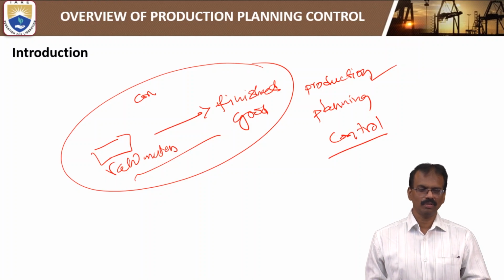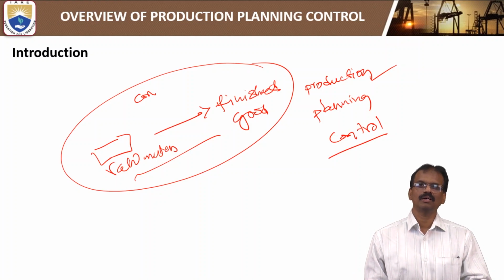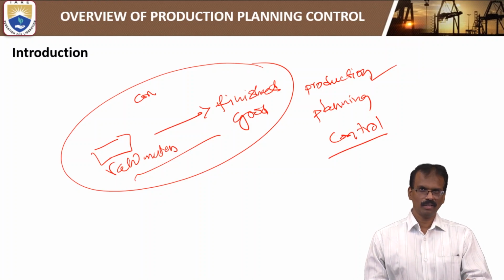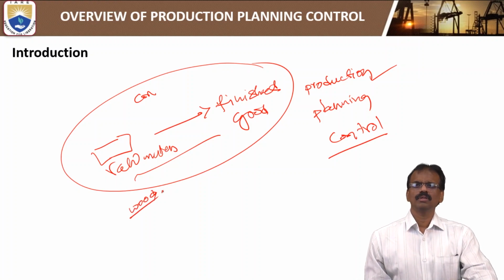Suppose, for example, the chair we sit on, or the podium you can see here. The chair and podium have raw material. The raw material of the chair may be wood or iron. Suppose you assume this is a wood chair. So the raw material of the chair is wood.